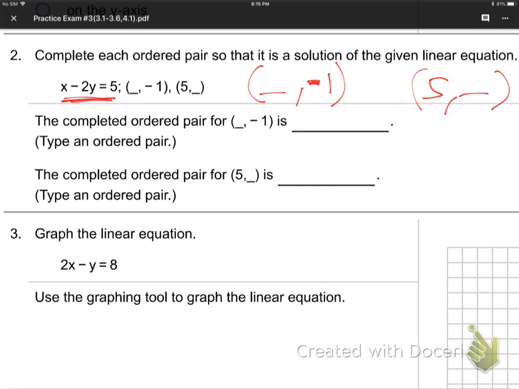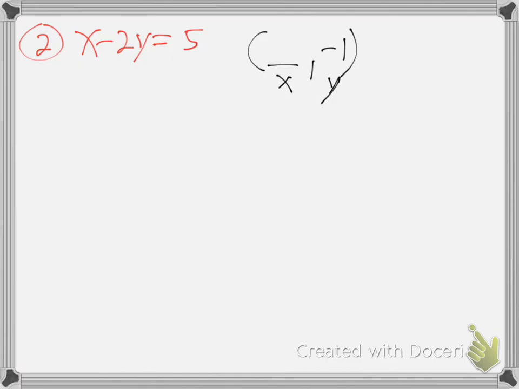Yeah, so it's about plugging in. All good on that? The first, so basically they're telling me y is -1. So plug in y is -1 right there.